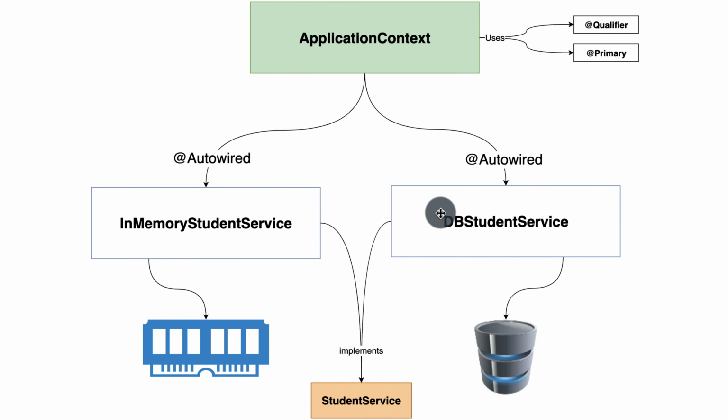When one of them is primary, this means that Spring will leverage this service, for example, if we give it the primary annotation. Otherwise, if we use qualifier, Spring will use the qualifier even if, for example, this DB student service is primary and we qualify the in-memory student, so it will be injecting the in-memory service.